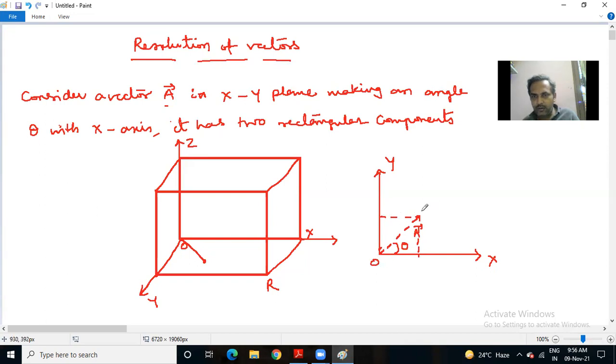This is O to P. OP is the magnitude of vector A. Now this A has its influence along the x-axis in the form of AX, and along the y-axis in the form of AY.